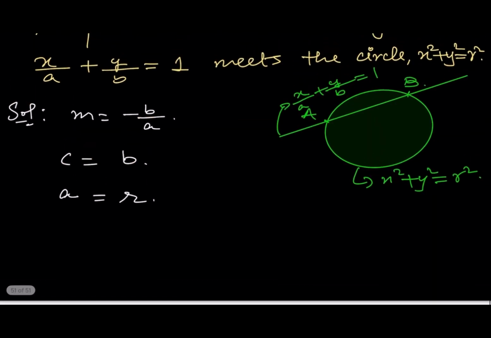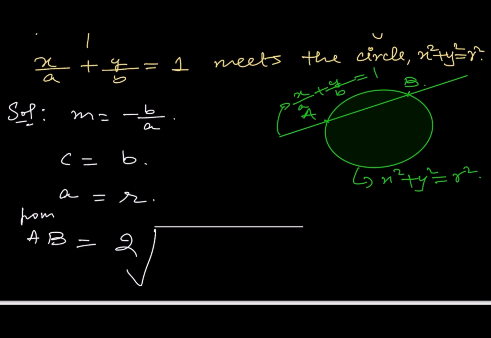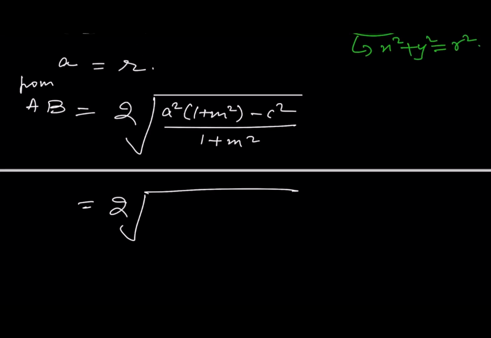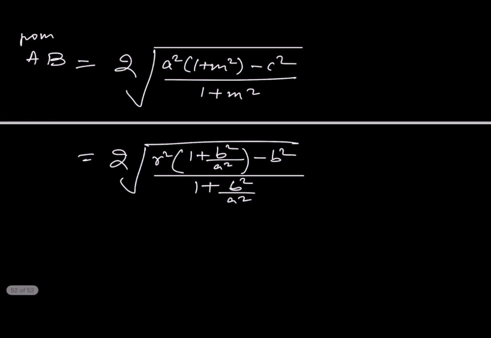So if we use directly the formula for AB, which is 2 times root over (a square times (1 plus m square) minus c square) upon 1 plus m square, then it will be 2 times root over r square times (1 plus b square by a square) minus b square, upon 1 plus b square by a square, right?